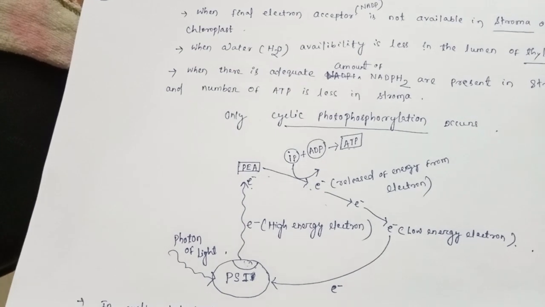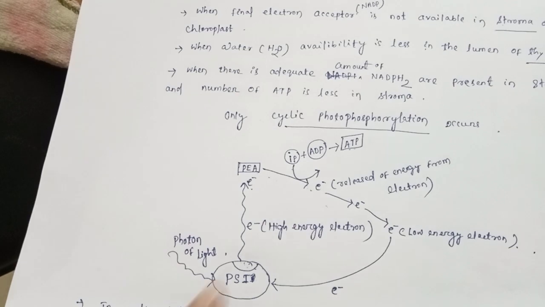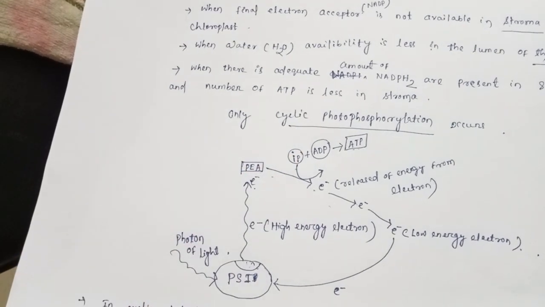Here also phosphorylation takes place; the ATP is formed by the process of phosphorylation. And since the phosphorylation takes place in the presence of sunlight, it is named photophosphorylation.